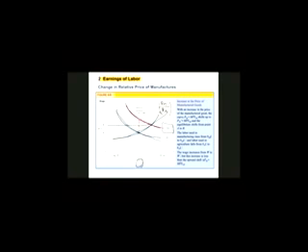Remember that the change of the PM will always be larger than the change of the wage. You can see from this diagram, this is the change of the price, and this is the change of the wage.